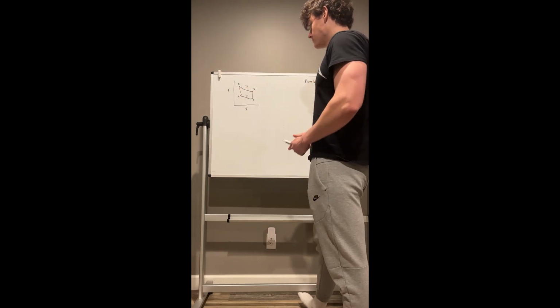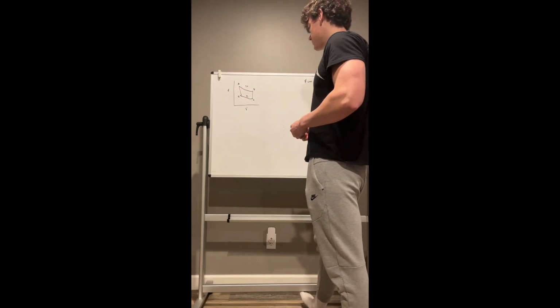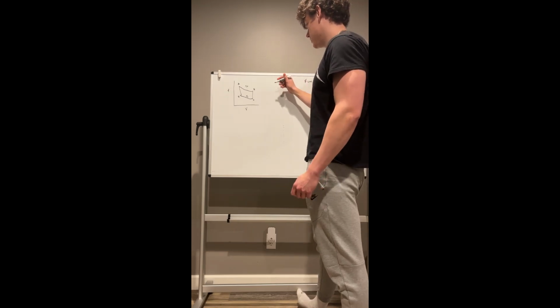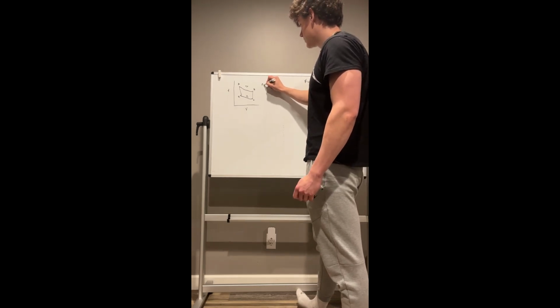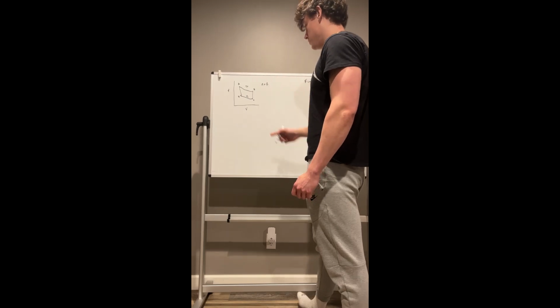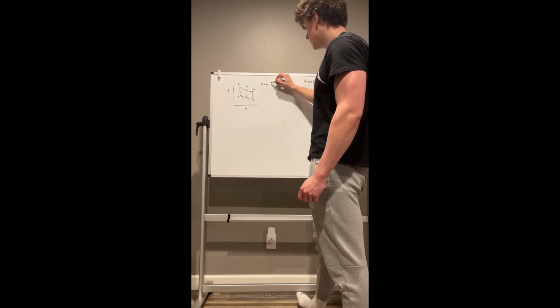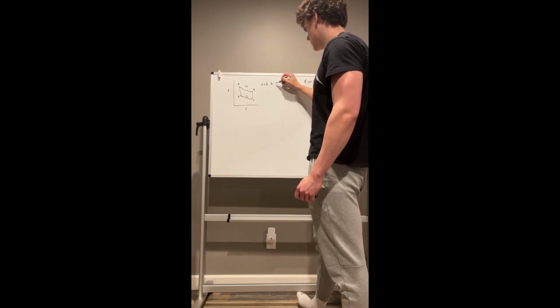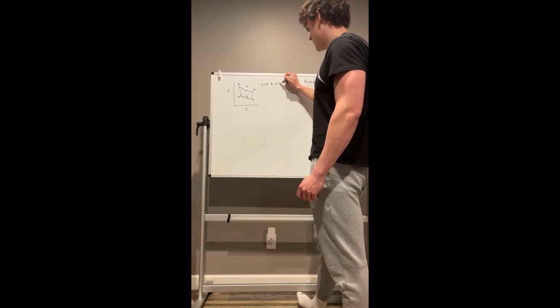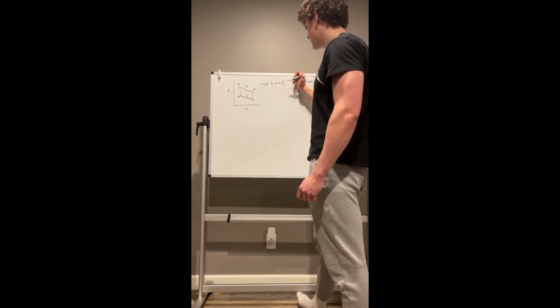of this graph. So the first would be from A to B, which would be an isothermal. So that would look like our Q would be equal to RT ln of VB over VA.